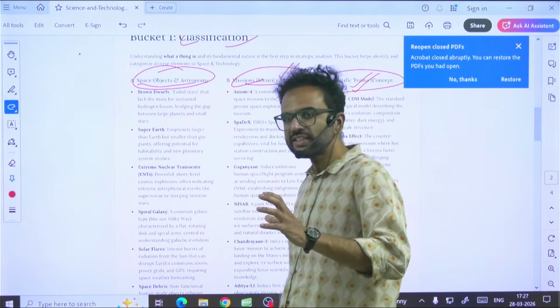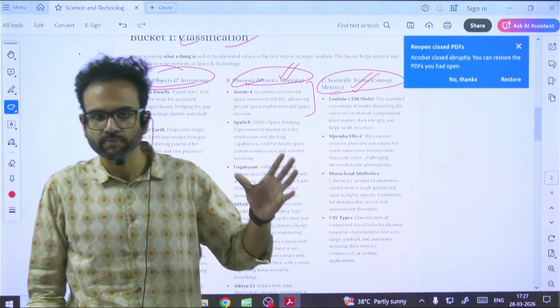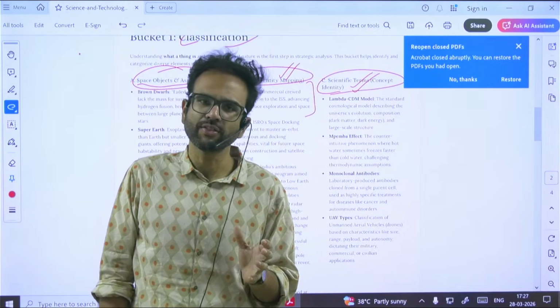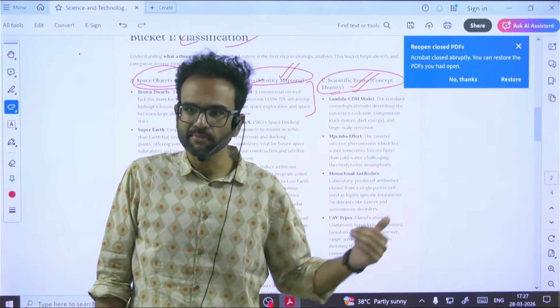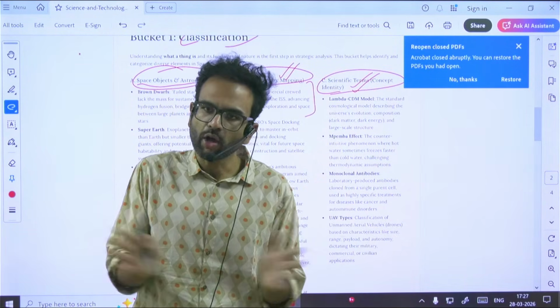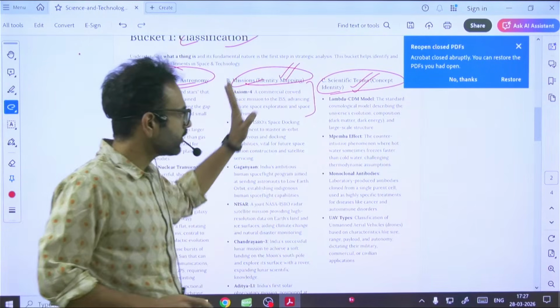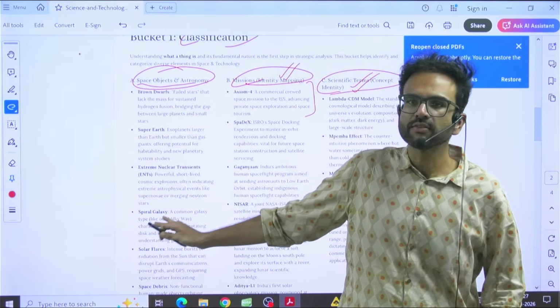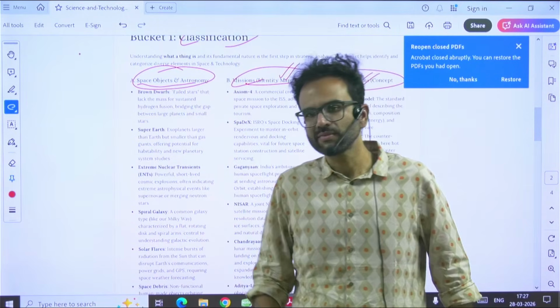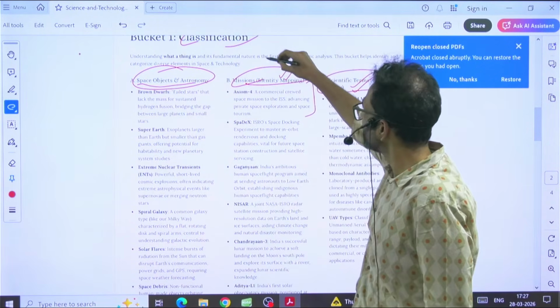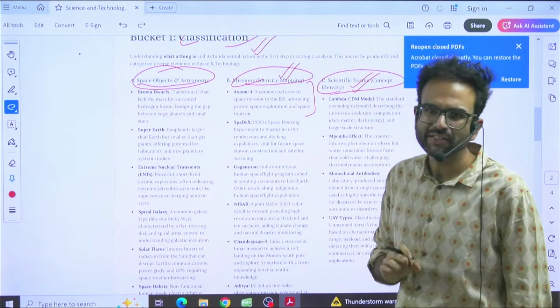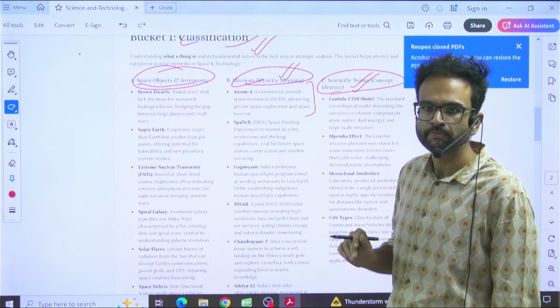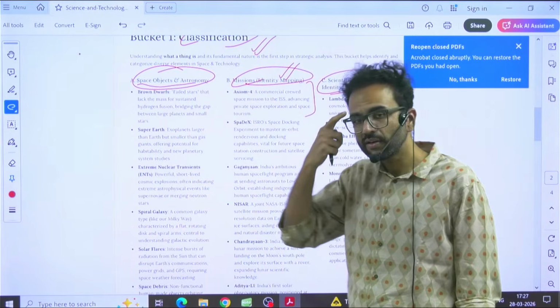So just in case I missed any important terminology, I made sure that I went through the other magazines as well and clubbed all of them and put them under this. So beyond these terminologies, I don't think there's much, at least in the first category of definition based random terminology. This is straightforward, point number one.